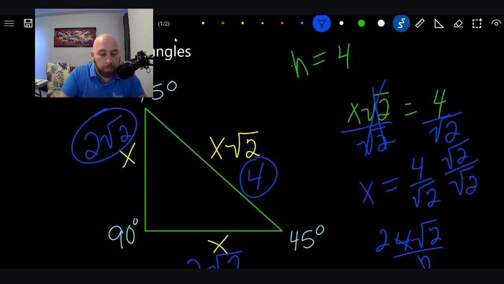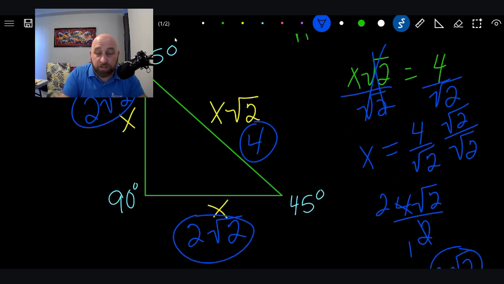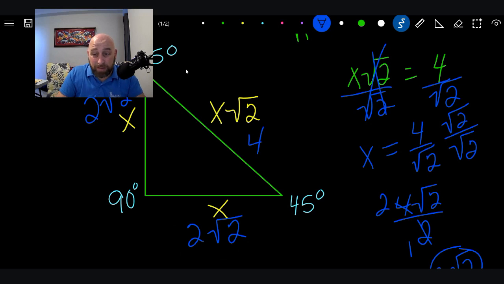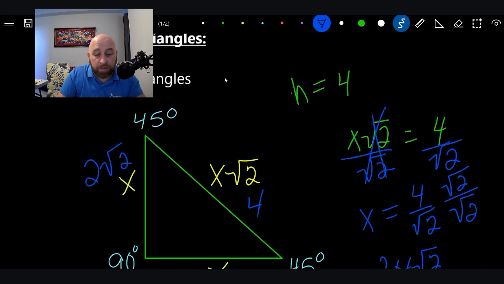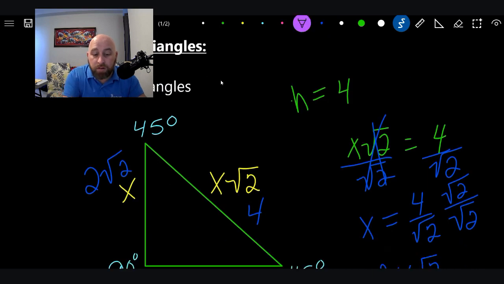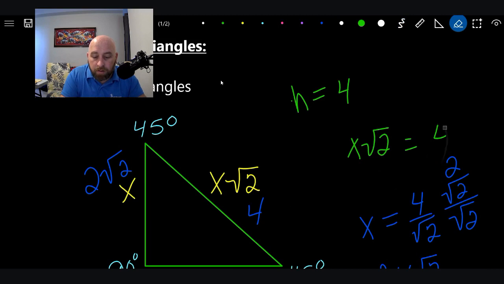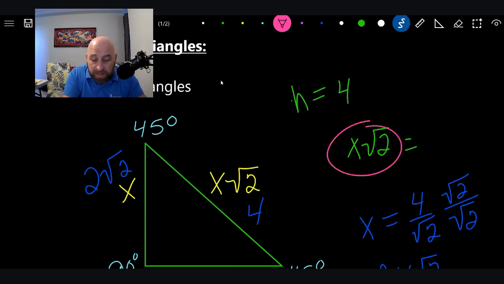Okay? And that's how you work that. Just work your little formula. It's really easy when they give you the legs. It's a little bit more challenging when they give you the hypotenuse. But what do you do when they give you the hypotenuse? The hypotenuse is x square root of 2.